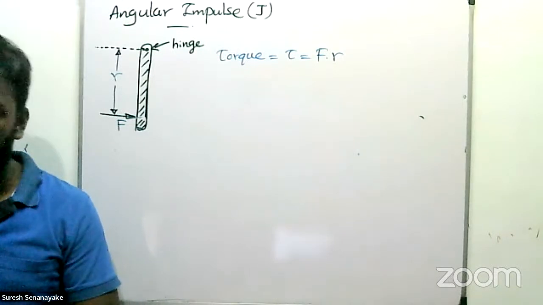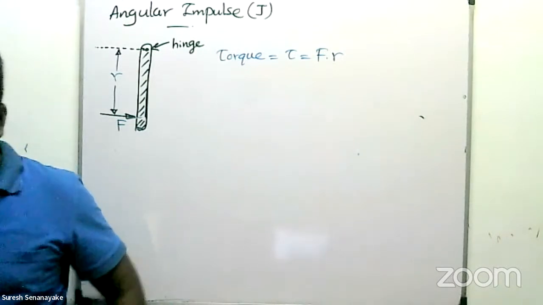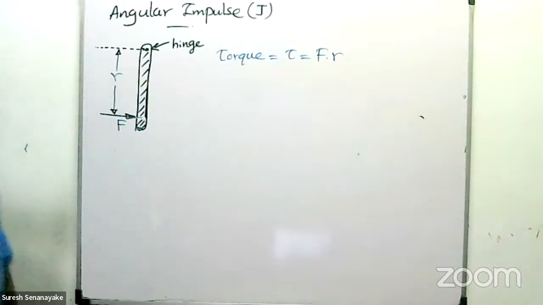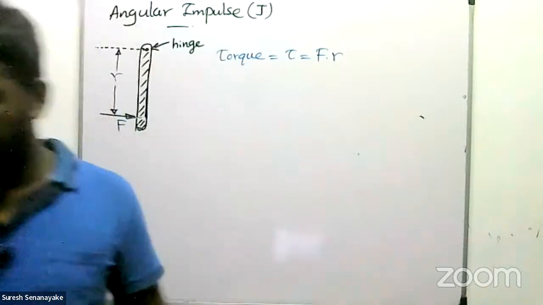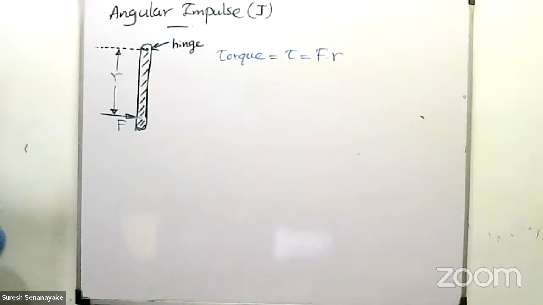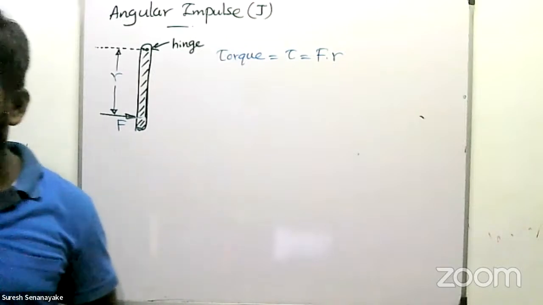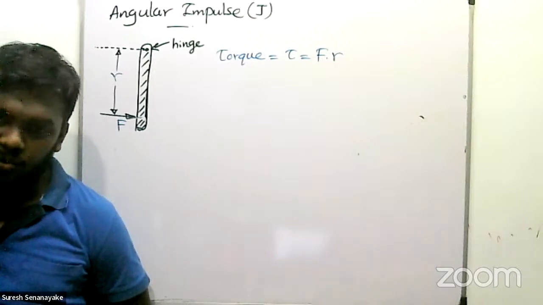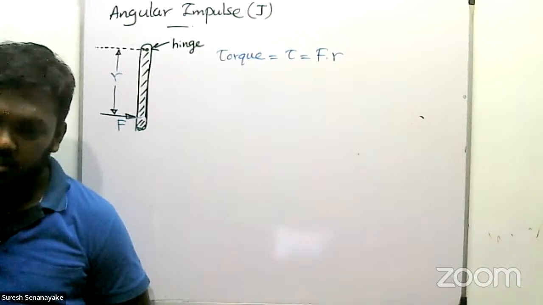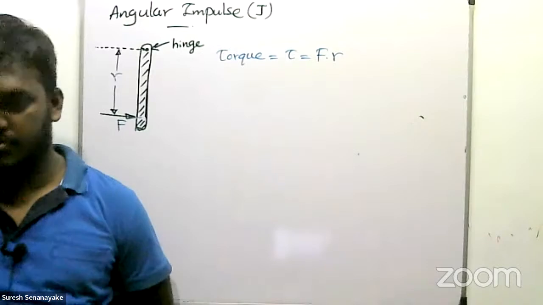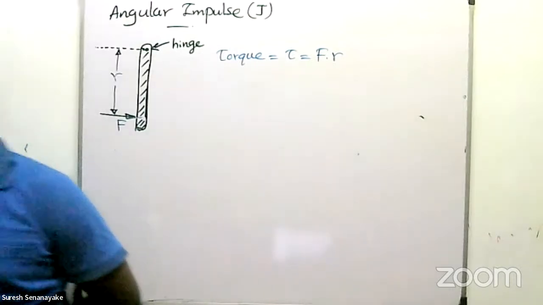Remember, the rod starts rotating about the hinge due to the torque, that is, torque equals Fr.